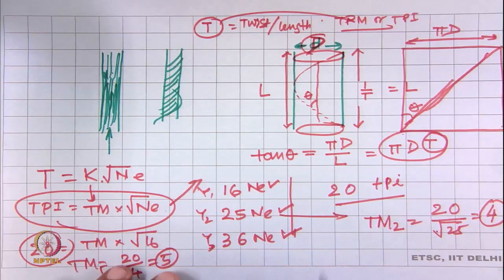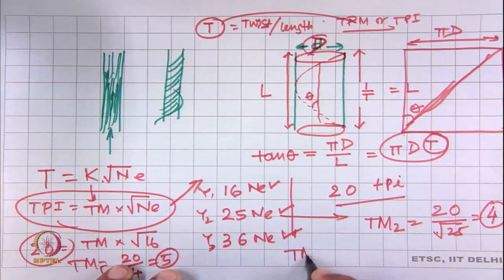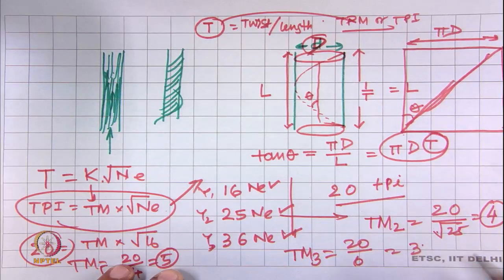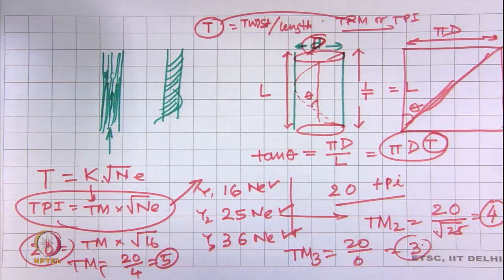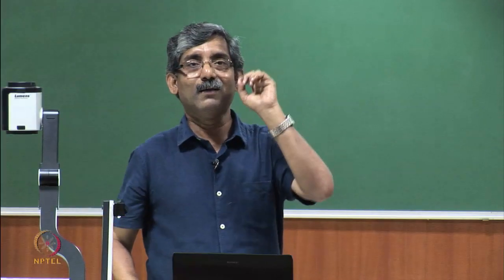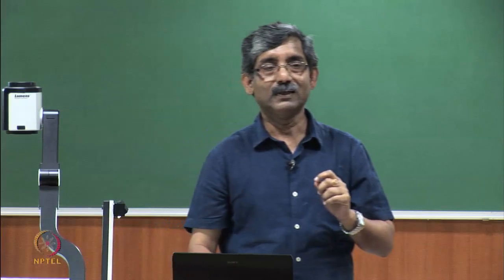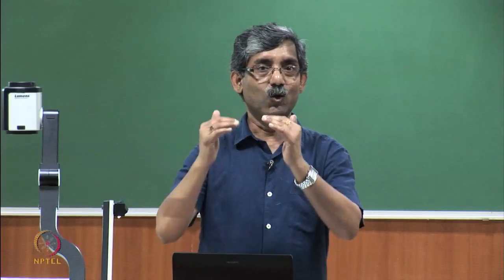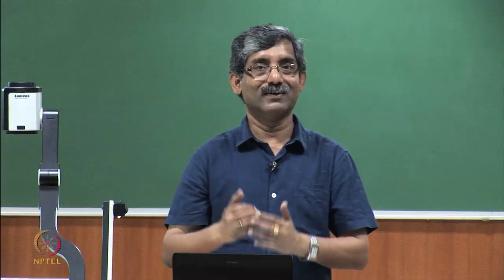Now, for say 36 count, Tm 3 will be 20 by 6, it will be somewhere around 3 point something. So, as we have seen here, keeping the twist level same, if we make the yarn finer and finer, then we are getting lower and lower Tm.